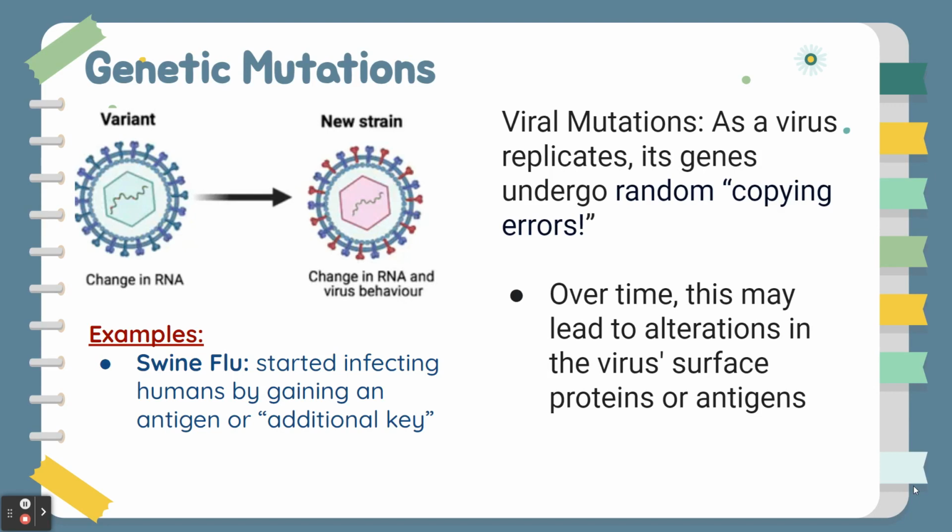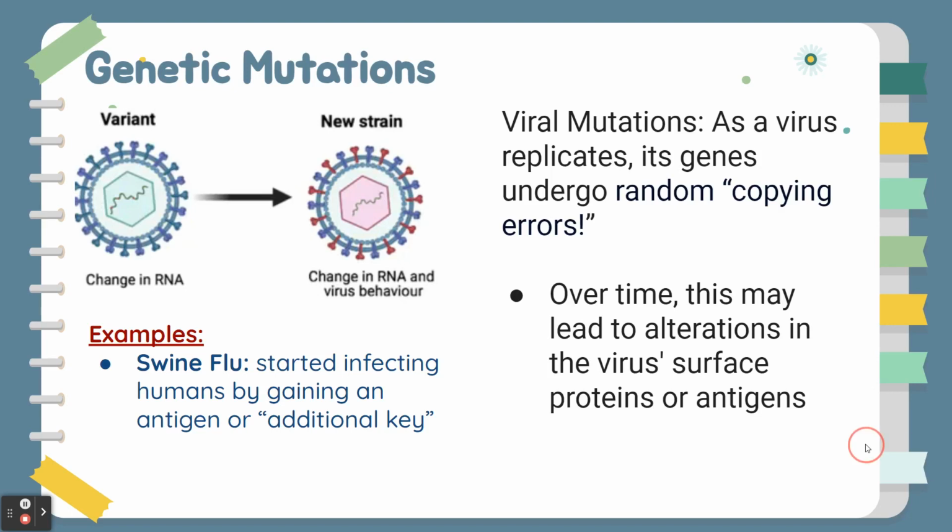This virus was initially associated with pigs, swine, but in 2009, mutations in the influenza virus led to changes in viral antigens. This resulted in a new strain of H1N1 influenza, which had a different set of antigens on its surface, and these antigens made it possible for the virus to infect humans, which caused a global pandemic.